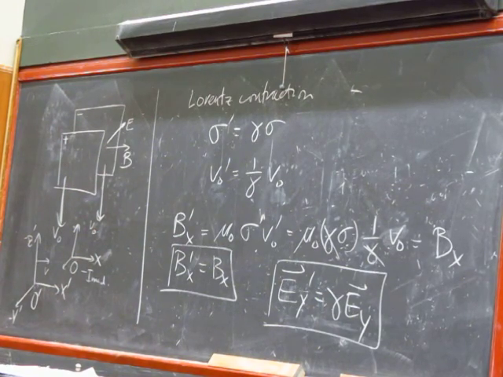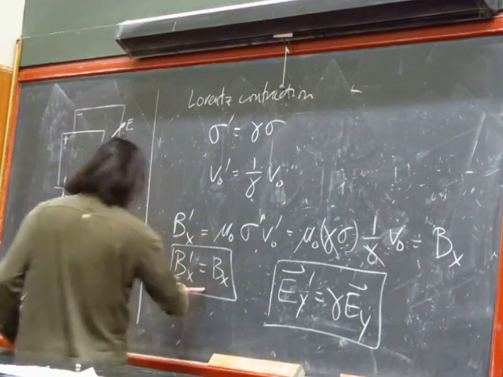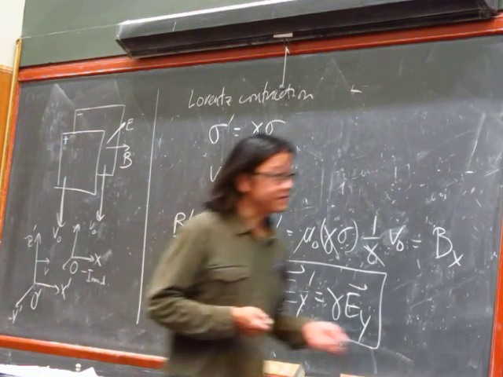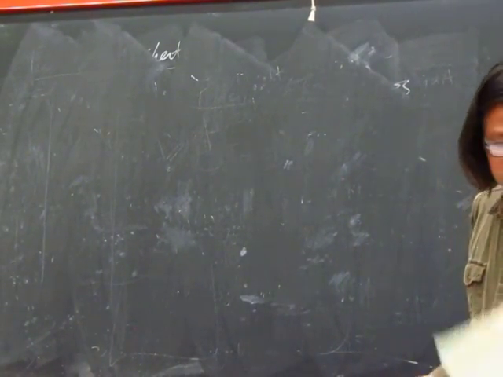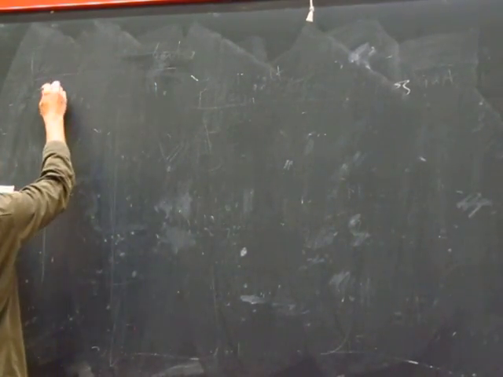Okay, so we have the transformation for the B field along the direction of motion. Let's orient the B field differently. Let's orient the plane in such a way that it looks like this.